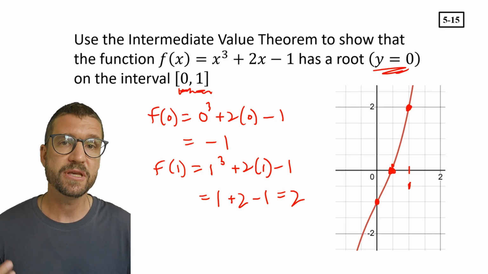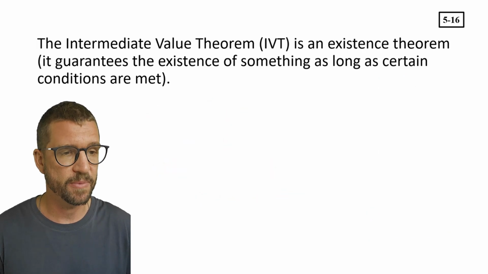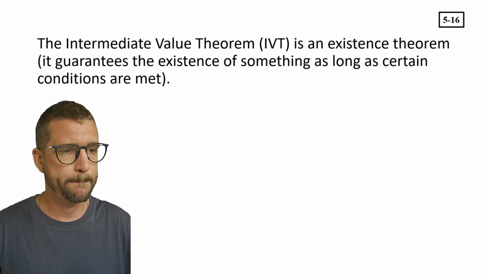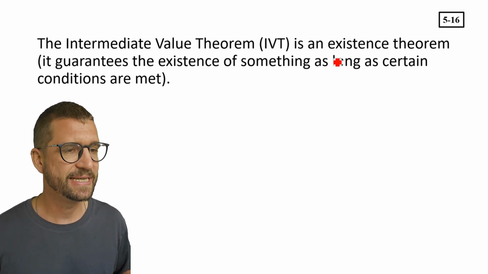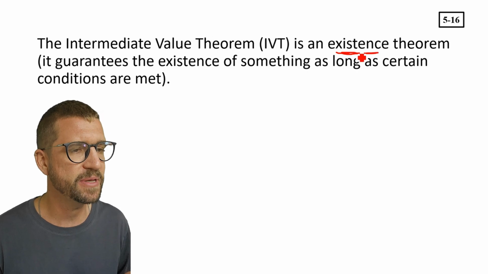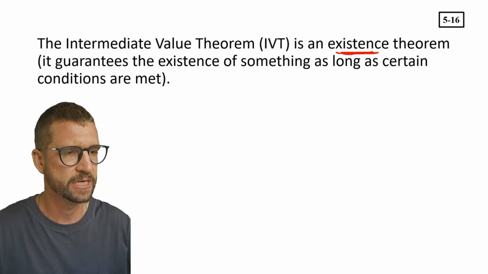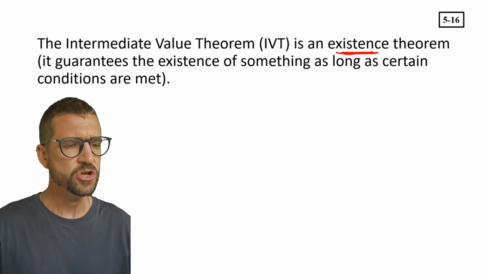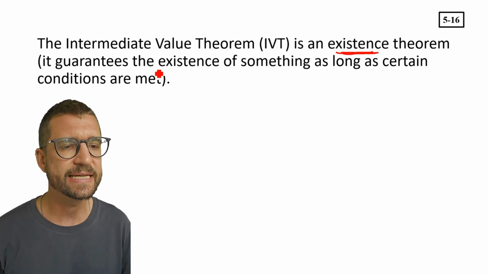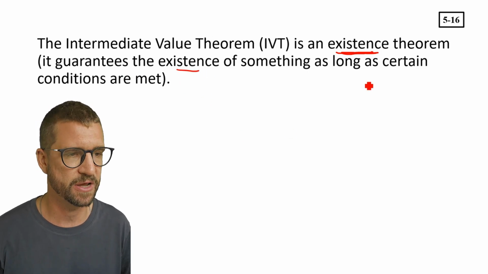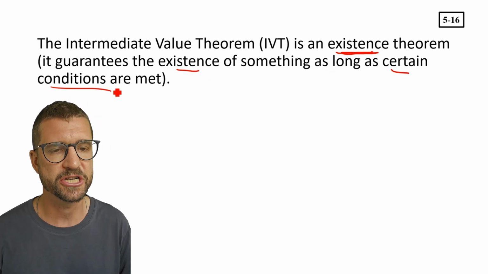Let me show you the entire intermediate value theorem as it would be written in a mathematical book. First of all, this is an existence theorem, and you're going to see a few existence theorems within calculus. What it does is it guarantees the existence of something as long as certain conditions are met.